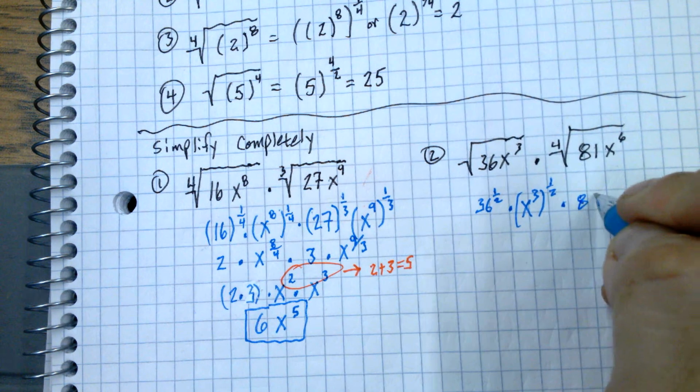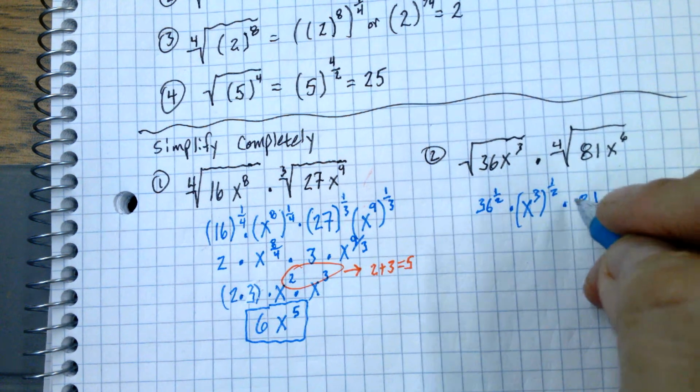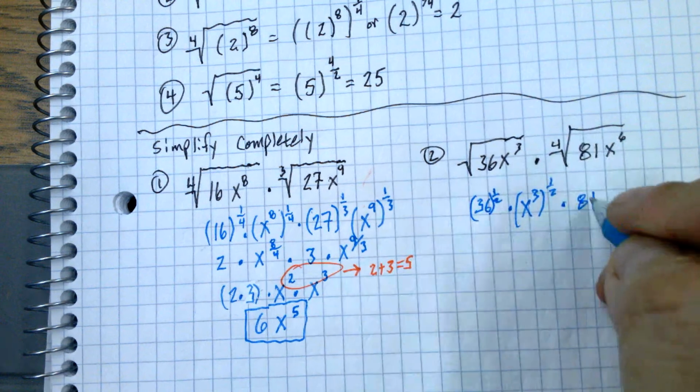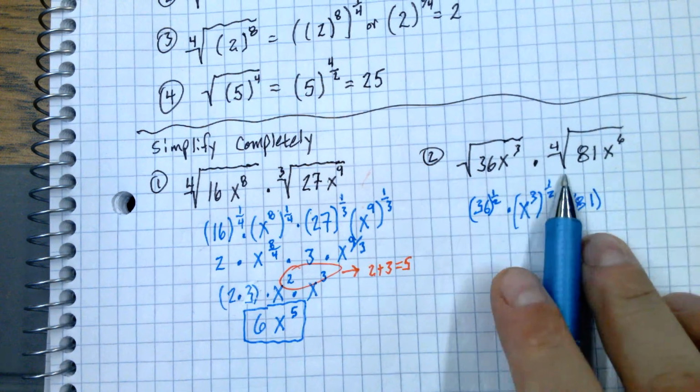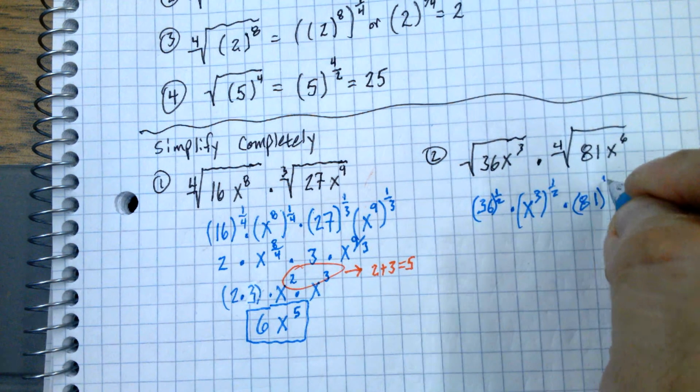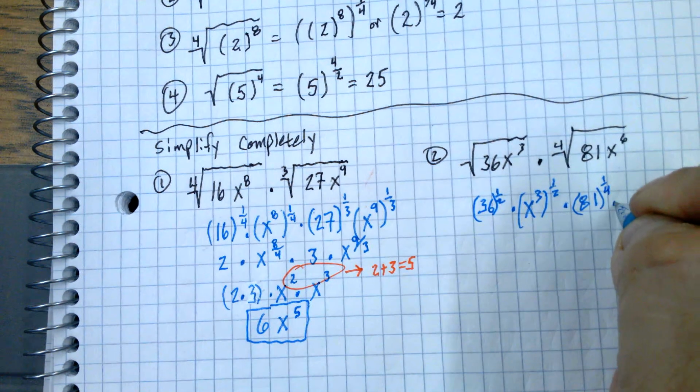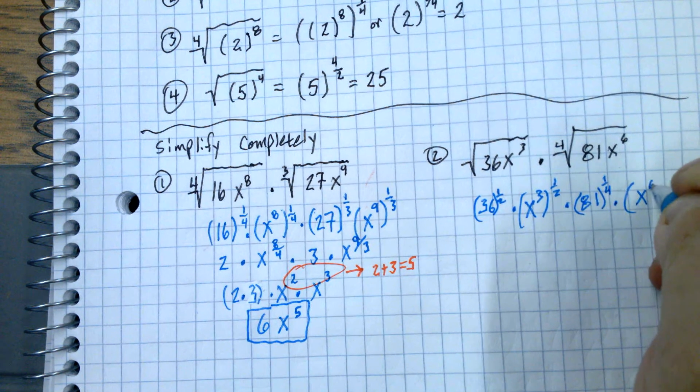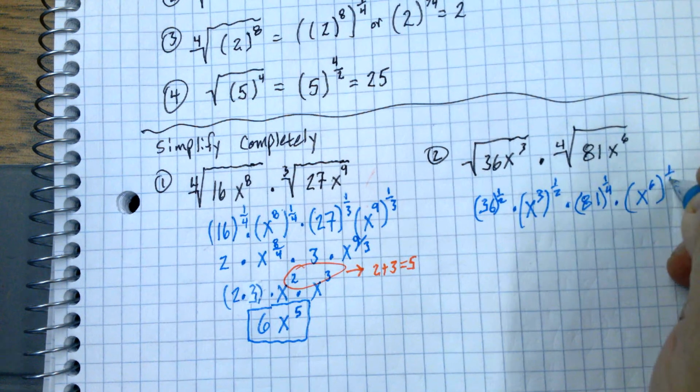Times 81 to the, what do we write here? 81 to the 1/4 times x to the 6th to the 1/4.